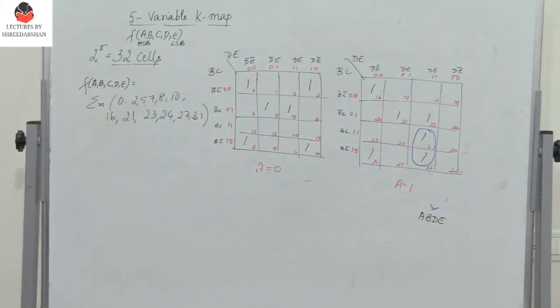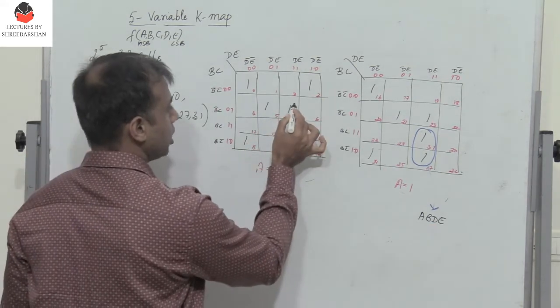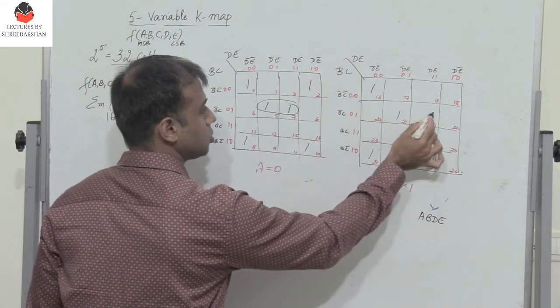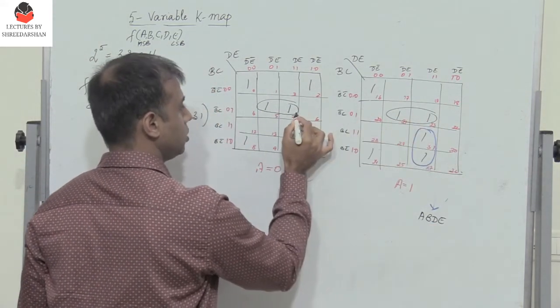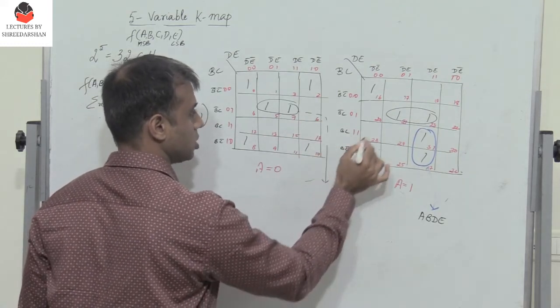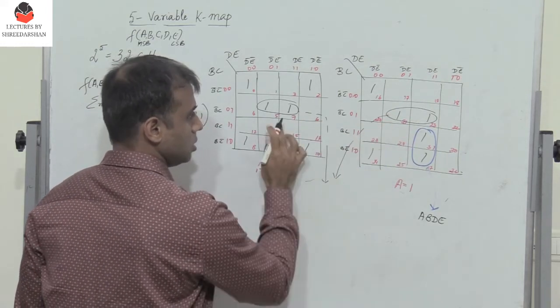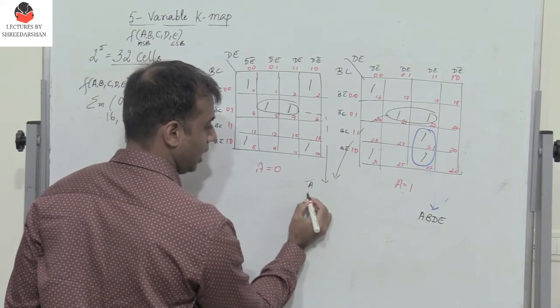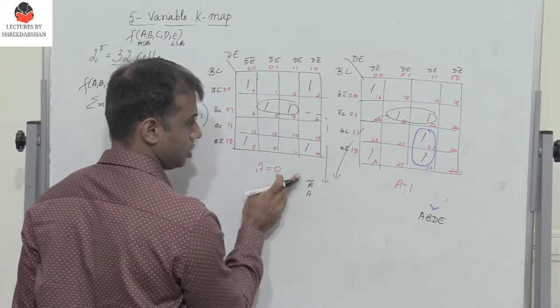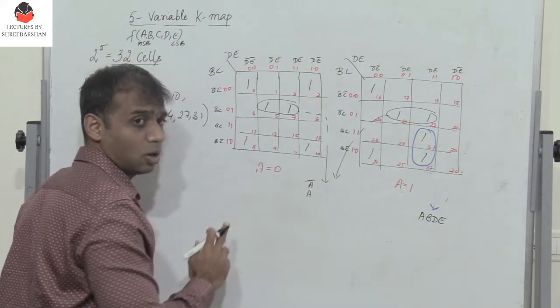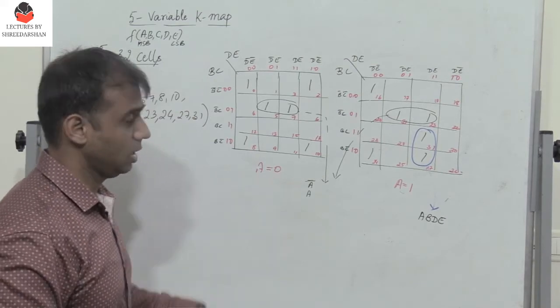Next, let me check if there are ones which tend to overlap. So I have these two ones and these two, they are in the same position. So let me write the common expression. For these two ones, A and A bar are complementary.